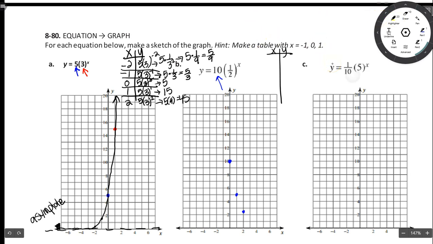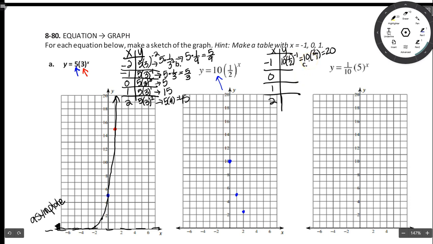I'll just do -1, 0, 1. I'll do 2 as well. -1, so 10 times 1/2 to the -1. So what this -1 does is it flips this fraction. So it becomes 10 times 2 over 1, which is 20.